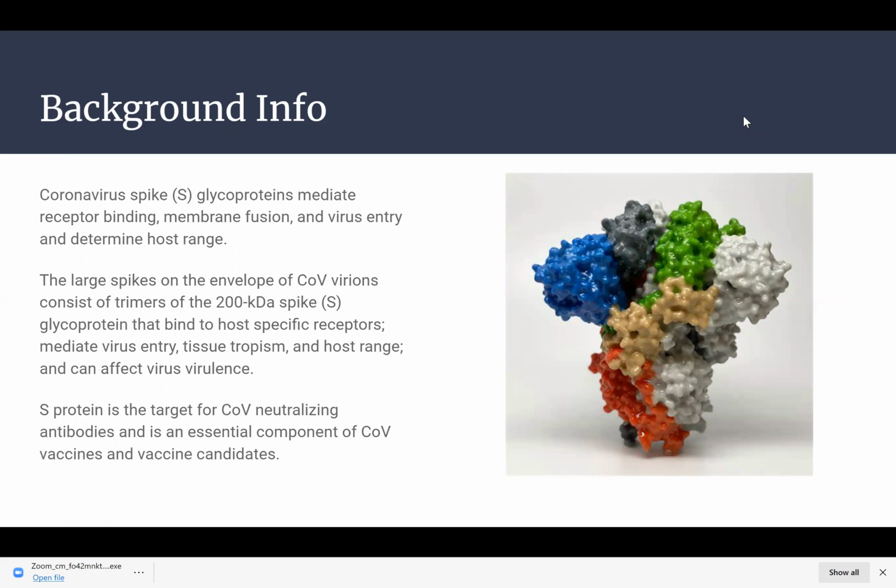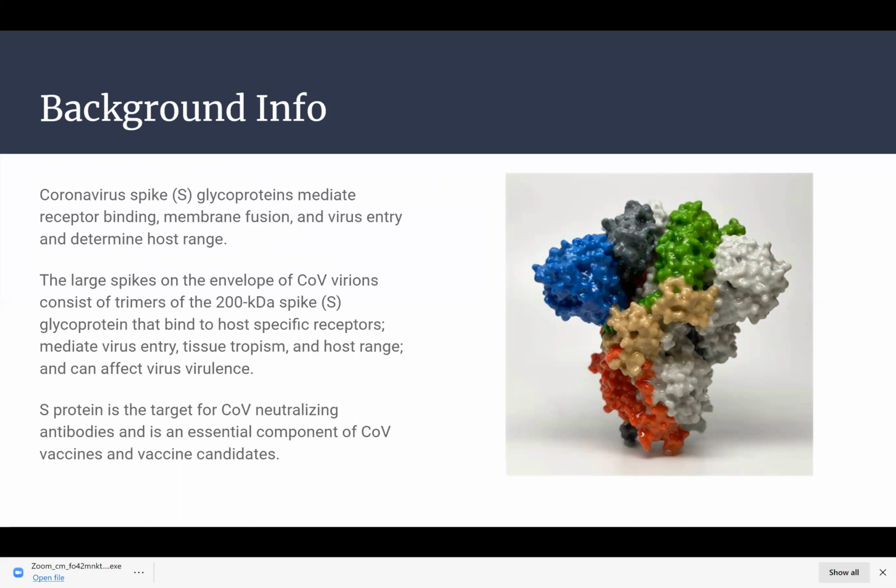Looking at this specific coronavirus, the coronavirus spike glycoproteins mediate receptor binding, membrane fusion, and virus entry and determine the host range. The large spikes on the envelope of the coronavirus virions consist of trimers of the 200 kDa spike glycoprotein that bind to a specific host receptor. They mediate virus entry, tissue tropism, and host range and can affect virus virulence.